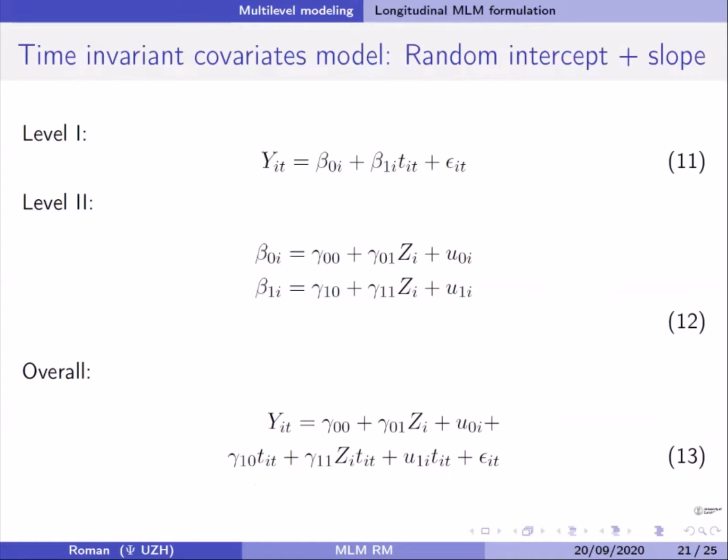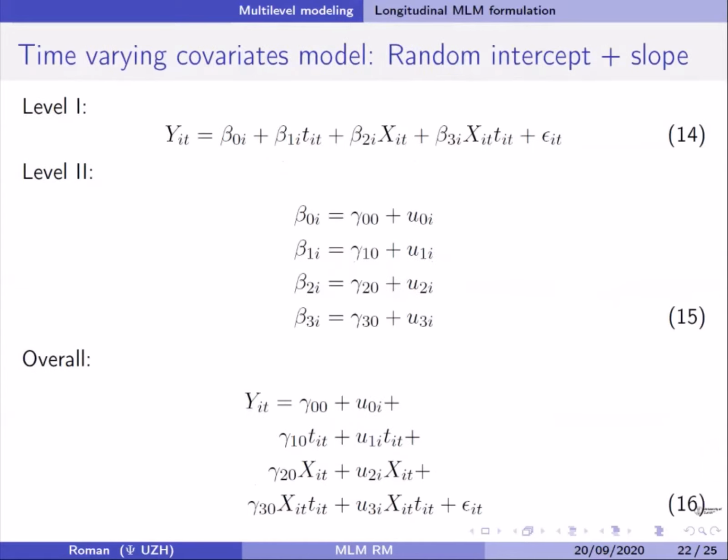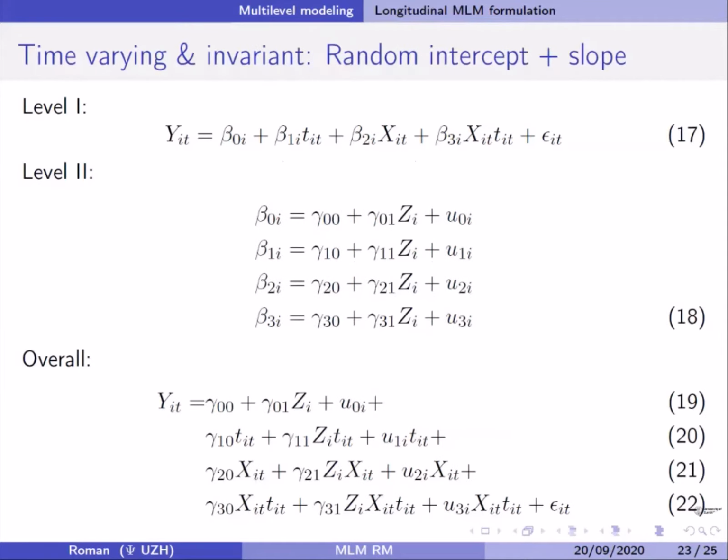These stable traits do not vary across time, and this is how the model's formulated in that context. We may have variables that vary in time. In that case, we need to interact them at level 1 with our time variable. Or we may want to include both, in which case there's a lot of terms in the model, but if we take our time and break it down, they all make sense to us, right?